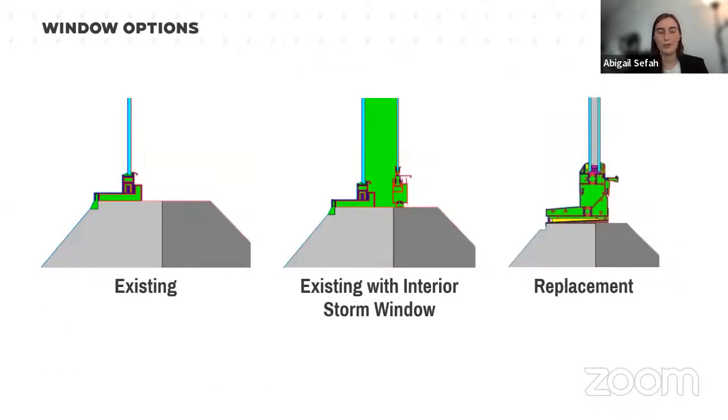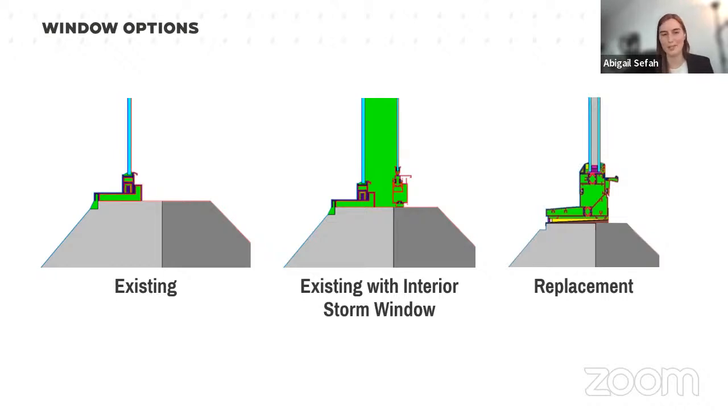You can see here are 3 different window assemblies that we modeled. We set up 3 energy models, one for each of these options. The first option is leaving the existing windows in place, and this one assumes that the perimeter seals would be repaired, and also that they would, I believe, perform annual assessments of the building just to make sure that there are no loose panes of glass about to fall out, and they would repair windows where that was happening.